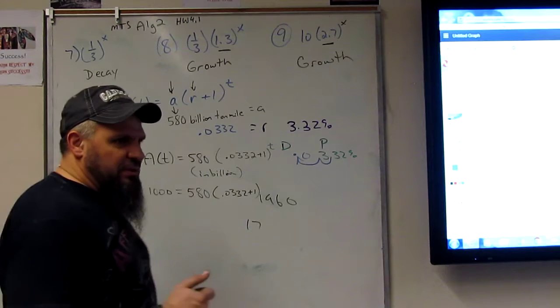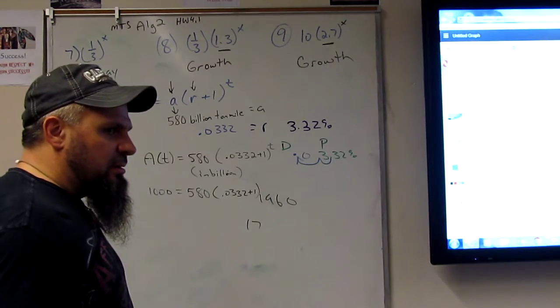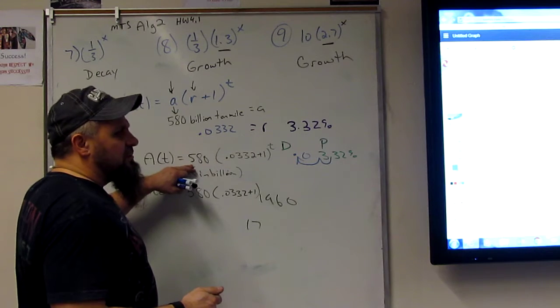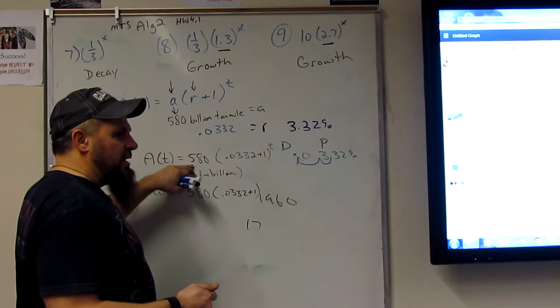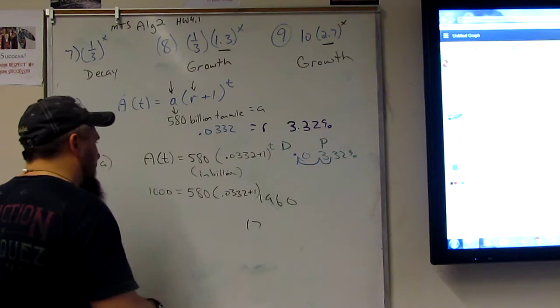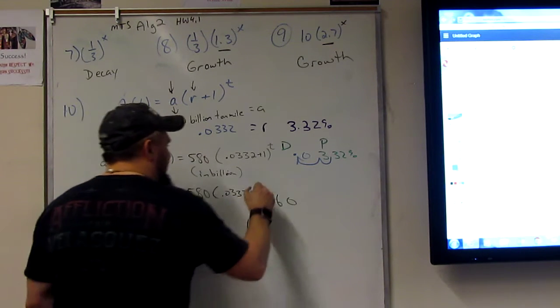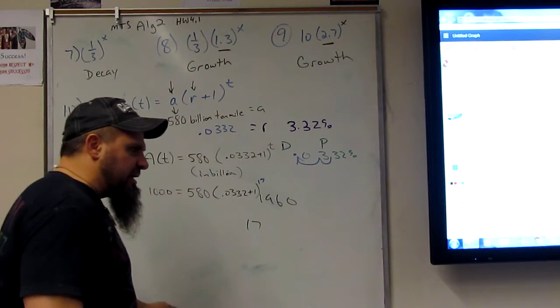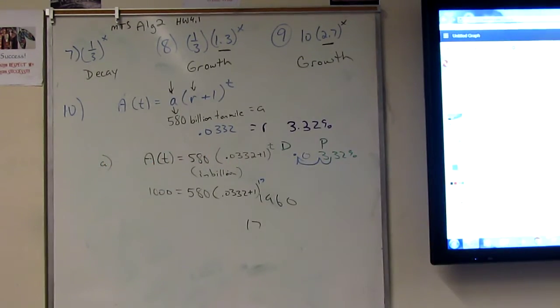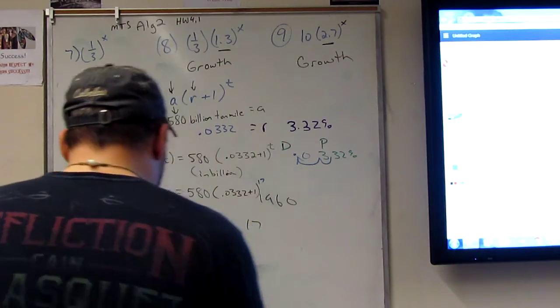Did it say 1 trillion? Right? And this is 580 billion. Right? And 1 trillion would be 1,000. So at what point, so if we plugged in 17 on our calculators, what would we get? Let's try it. So that's kind of what we're doing in this class right now.